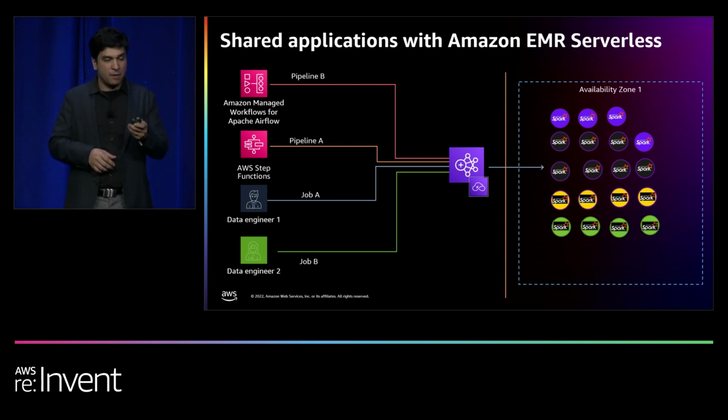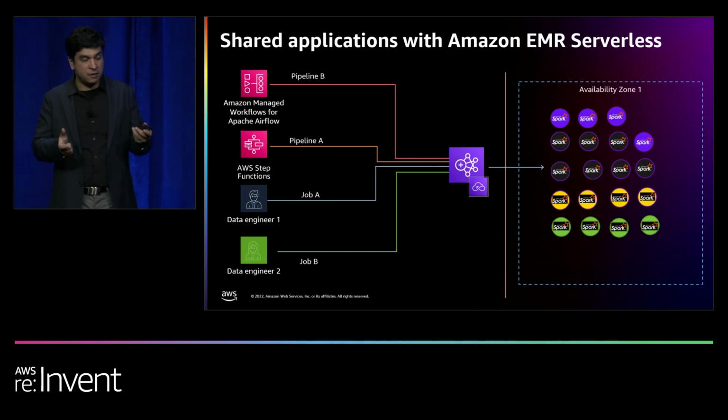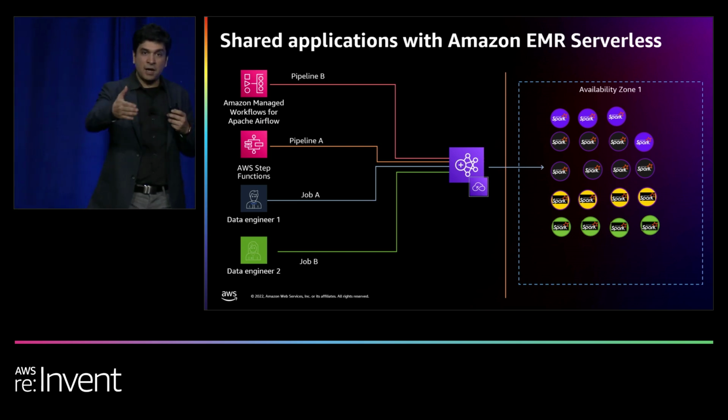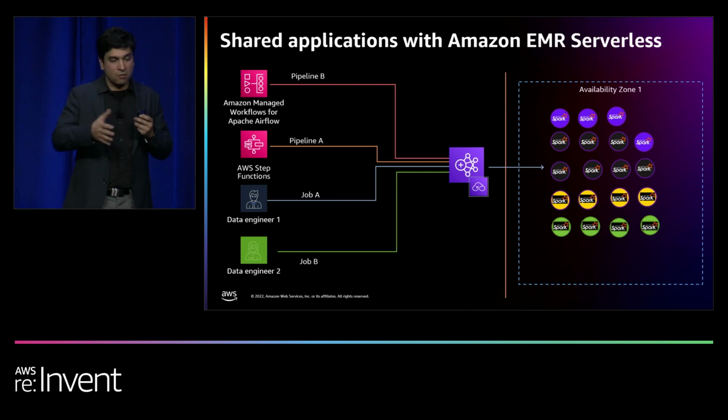As these jobs are coming, each of them acquires unique workers, right? Because each one has a different role. They have to acquire unique workers, and they all scale up as per the demands of the stages of each job. And so this entire EMR Serverless application is one capacity pool that is shared by these jobs.